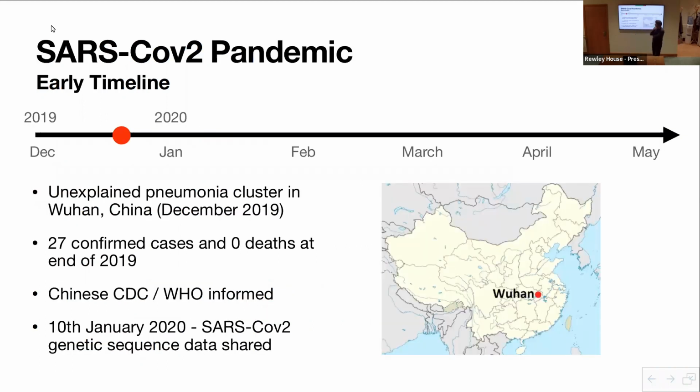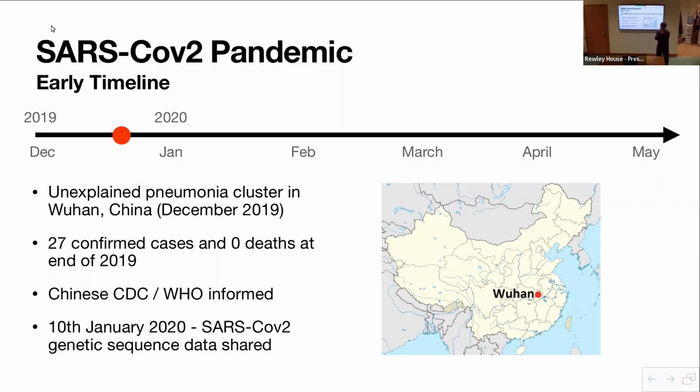So, very quickly, in case anyone's forgotten, I'm sure they haven't, how did SARS-CoV-2 start? Well, with all epidemics, what tends to happen is that novel pathogens get found because there's a cluster of unexplained cases of some disease or some symptoms in a hospital somewhere in the world.